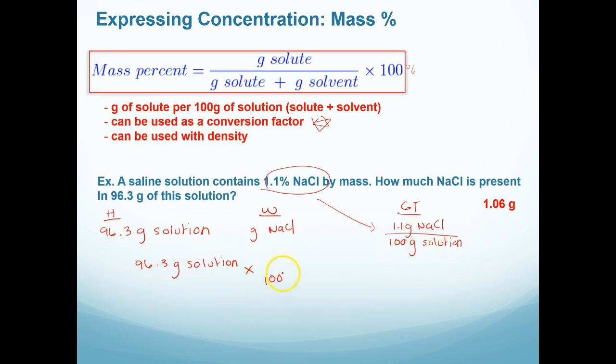I have 100 grams of solution per 1.1 grams of sodium chloride, and then these cross cancel. Now again, you probably just moved the decimal point to 0.011 and multiplied it by this, and that would also be correct. But again, once we tackle more challenging problems, it's going to be very helpful to set it up like a conversion factor, always going in your get there. And you should get 1.06 grams.